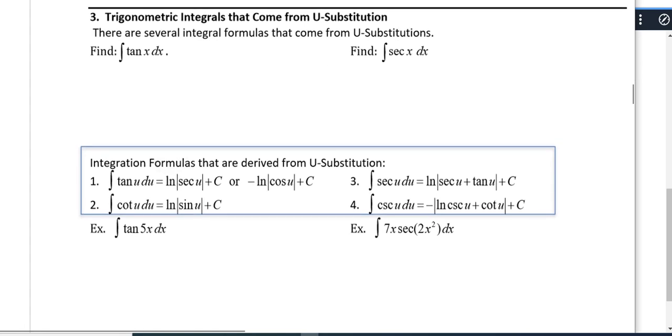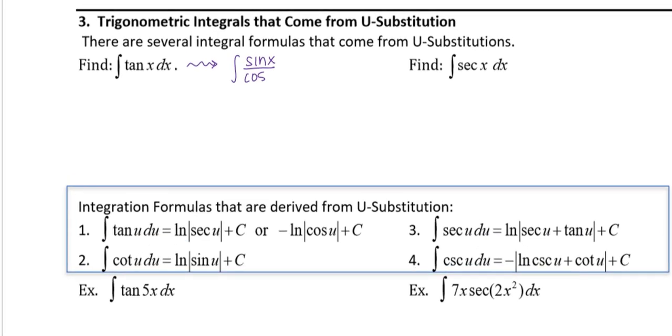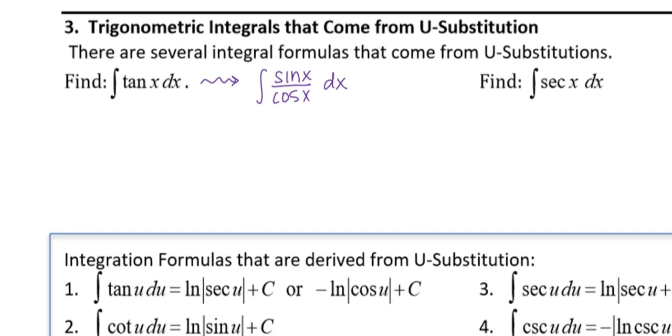Well, tangent is really sine over cosine. So if I rewrite it like this, maybe this makes sense to you. This just comes from u substitution now. Remember we said when we have some rational expression or fraction, sometimes we can just let the denominator be u and see if we can get things to work doing that. So if I do that, u is cosine of x, so du would be negative sine x dx.